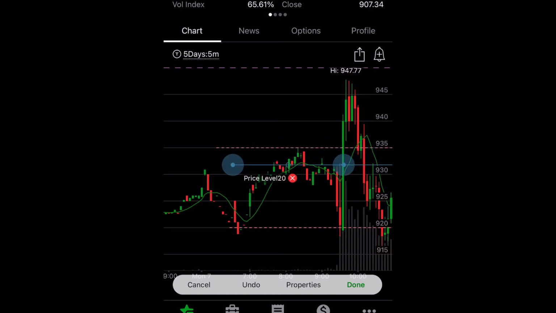The closer it gets to the top of this range, it's bullish. The closer it gets to the bottom of this range, it's bearish. So this way you can kind of see your ranges, which is very important when you trade options or day trade stock, whatever you like to do, whatever you into.